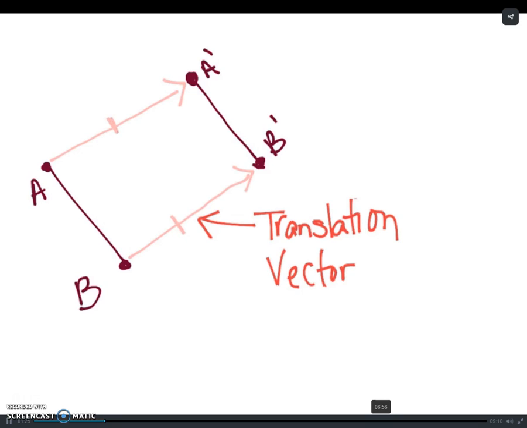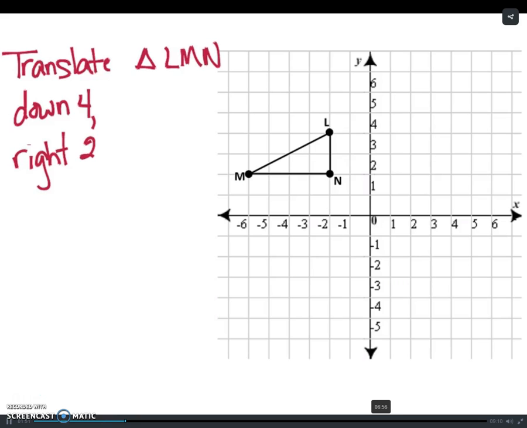They can't be facing a different direction or look like they've been turned at all. They have to be exactly the same shape. So it should look like you were just able to put your finger on it and drag it around the page. Okay? And what we're really interested in specifically in geometry is how these behave when we're dealing with them on a coordinate plane. Okay, so let's look at some examples.